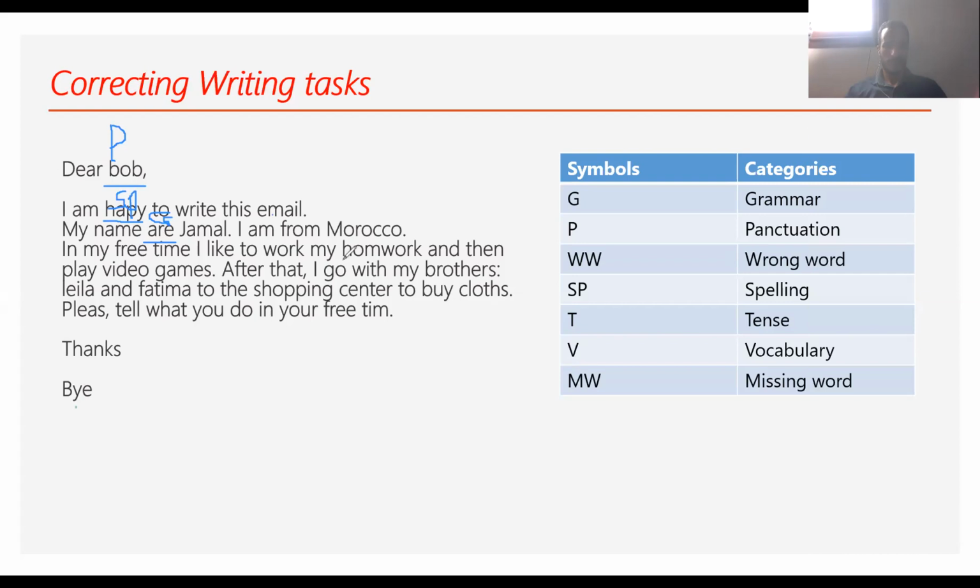So the mistake here is work. So we have to say do my homework. What about homework? And the homework is a spelling mistake. So we need to add e. Very good. Spelling.